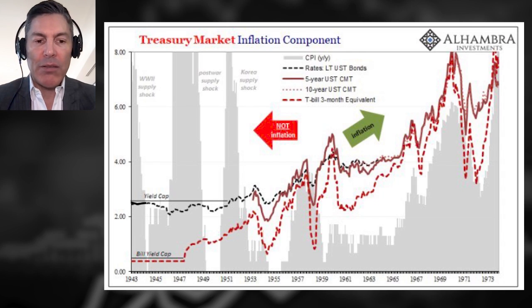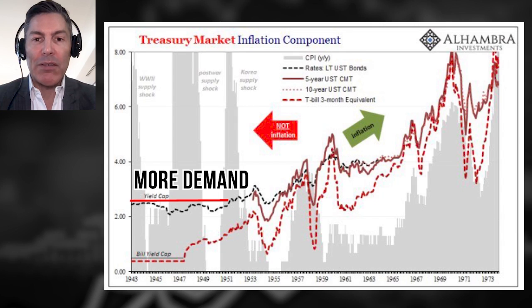Well, yes, we did have yield curve control, but you'll notice what's very interesting is that the interest rates actually went lower than the cap that was announced, or explicitly announced, by the Federal Reserve. So this would tell us that there was actually more demand for these bonds than was even being supplied by the Federal Reserve.